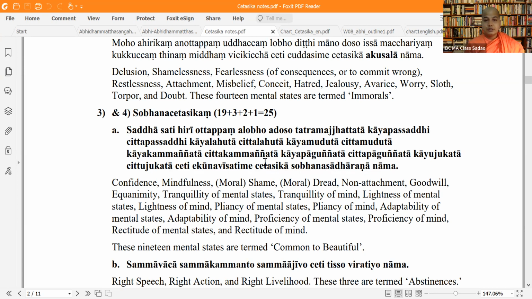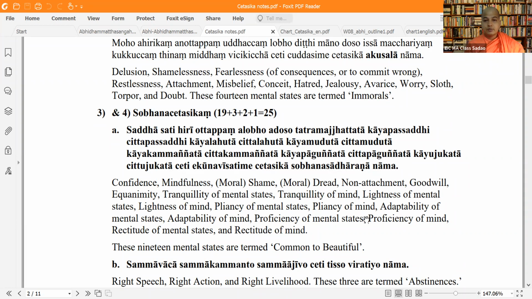Similarly, Kaya Lahuta, Chitta Lahuta, lightness of mental states, lightness of mind. Kaya Muduta, Chitta Muduta, pliancy of mental states and pliancy of mind. Kaya Kammayata, Chitta Kammayata, adaptability of mental states, adaptability of mind. Kaya Pagunyata, Chitta Pagunyata.